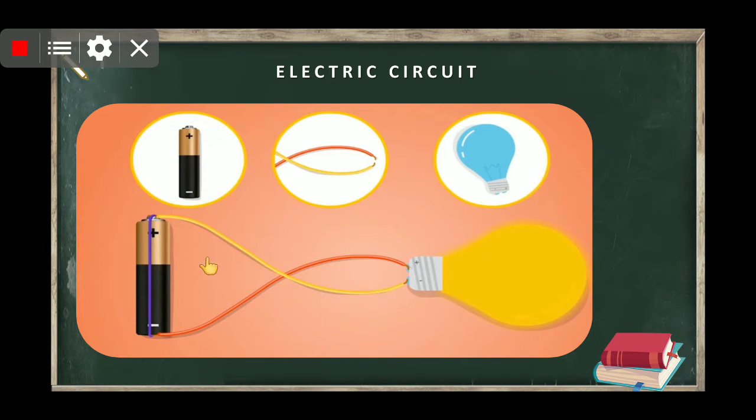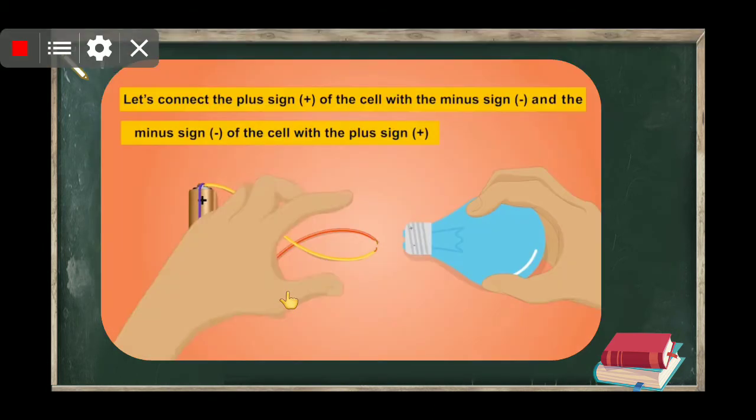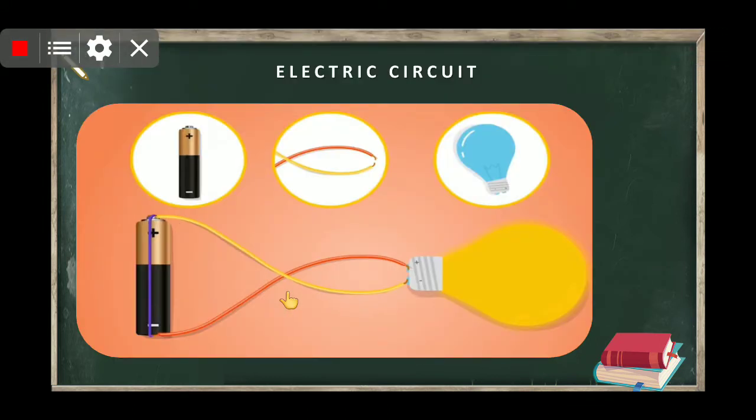The battery and the wires are attached in such a way that the positive terminal and the negative terminal are connected to the wires, and these wires are then connected to the bulb, and as you can see, the bulb starts to glow. So students, what do you require to make a circuit? You need a source, you need a medium, and you need something to transport, and then you need a detector by which you can detect that the electric current is flowing through a circuit.